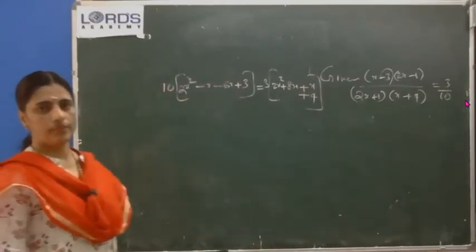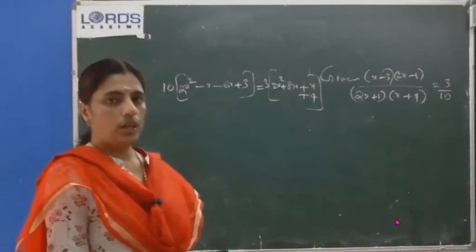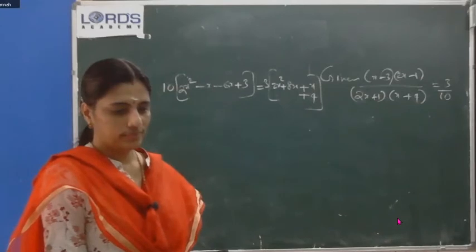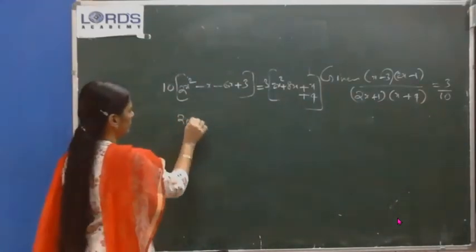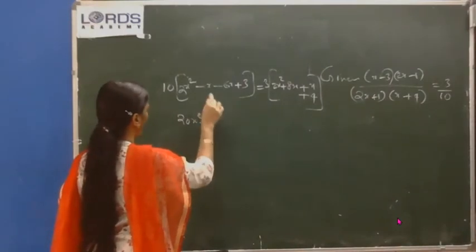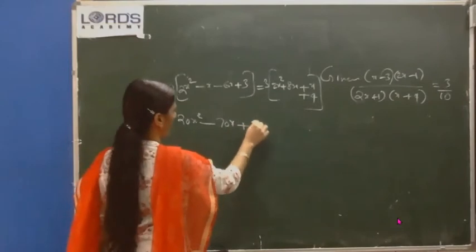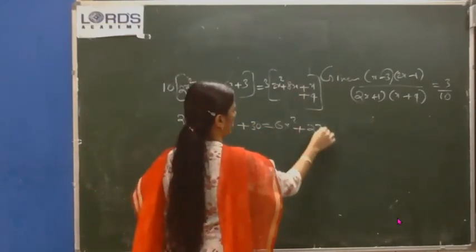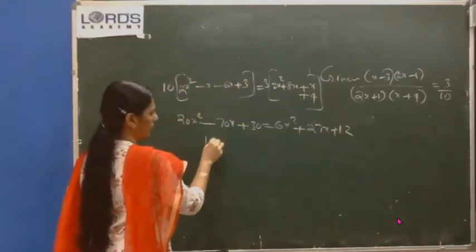Hanna, if you got the answer, tell me. This is negative 7x. This is 9x. 14.